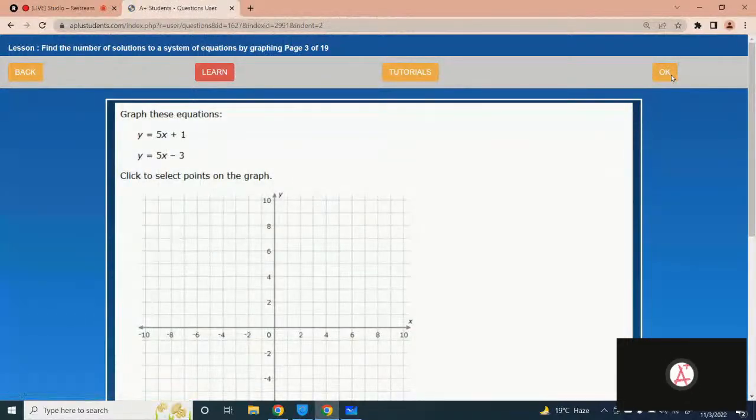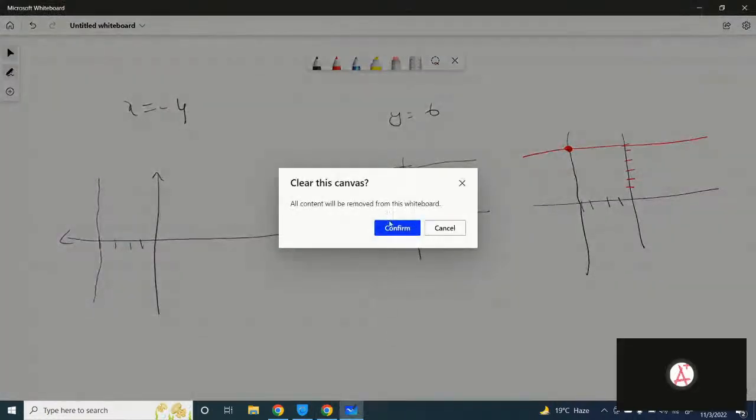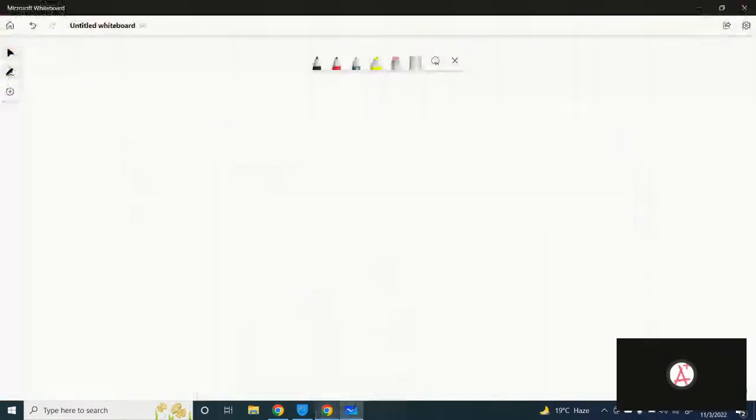Okay, the next equations are y equals 5x plus 1 and y equals 5x minus 3. Let's just replace x with 0 in the equation.